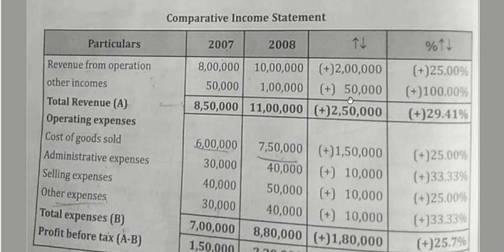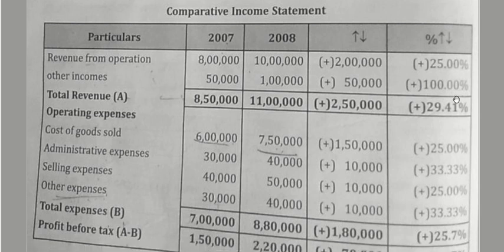Increase is 50,000. By looking at it, you should know, not just by taking the sign: if it is an increase, it is a plus sign; if it is a decrease, we put it in minus sign. So percentage increase is 50,000 divided by 50,000 into 100, which is a 100% increase.